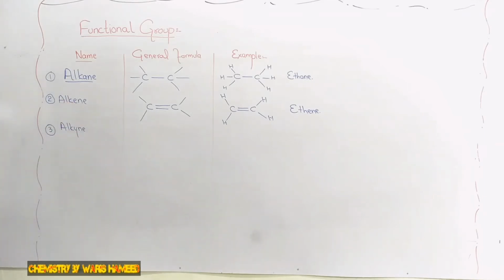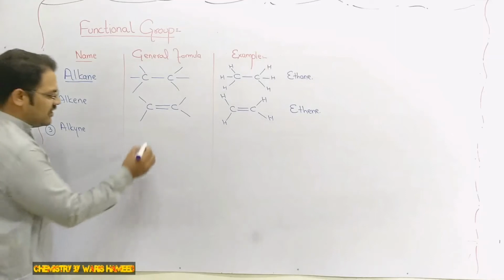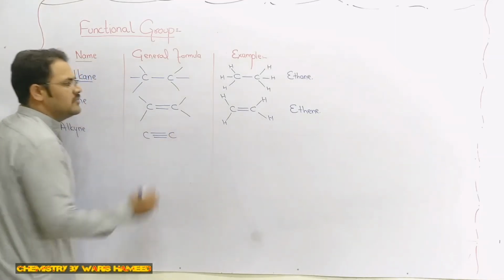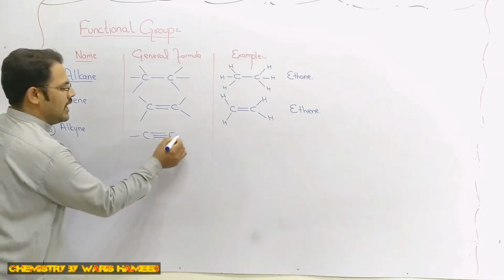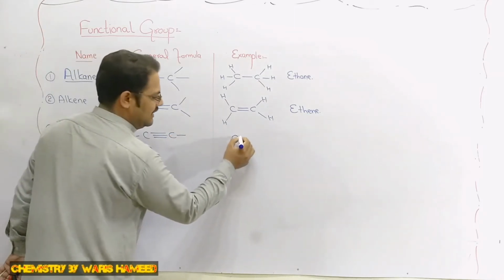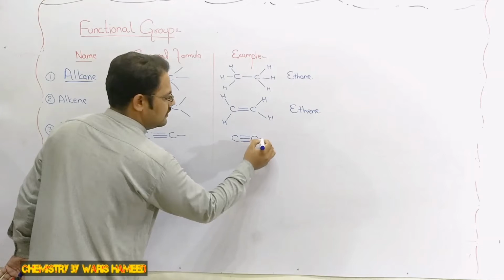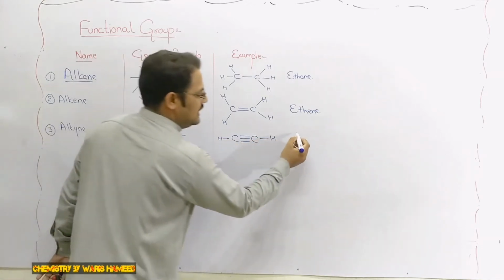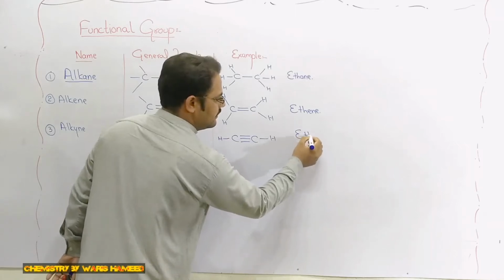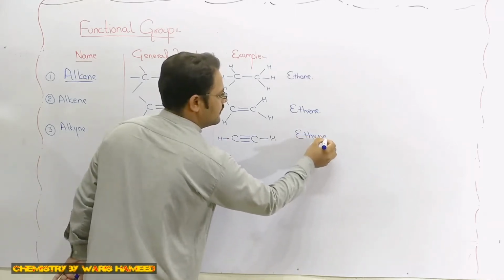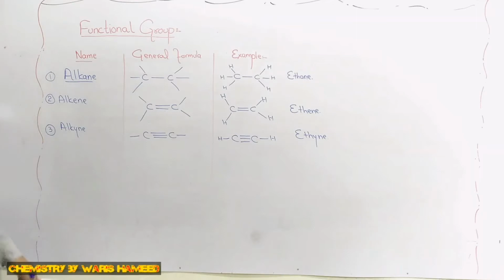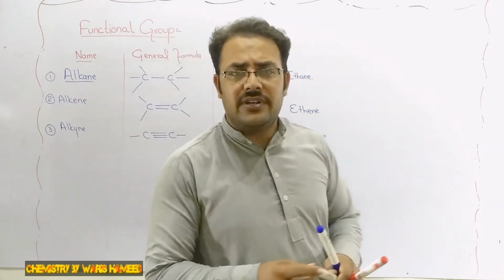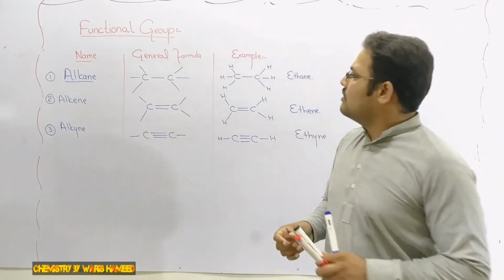In the case of alkyne, there is a triple bond between carbon atoms, and its example is ethyne. These are the basic hydrocarbons which belong to saturated and unsaturated hydrocarbons.